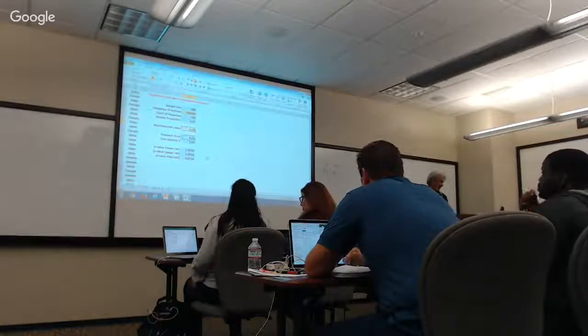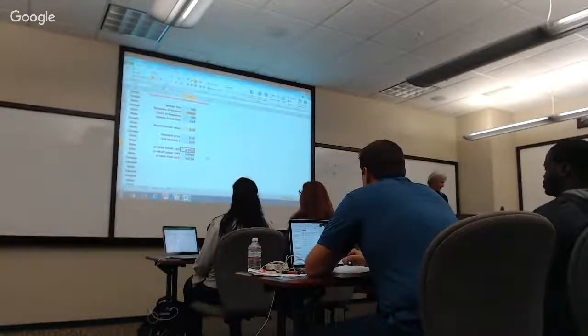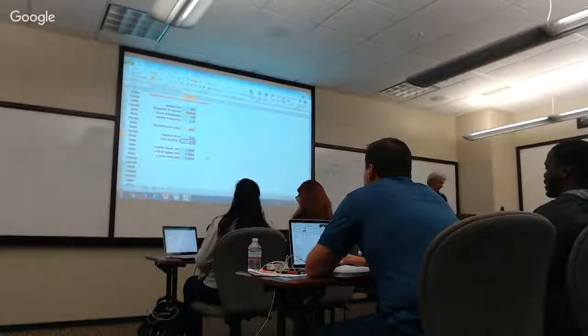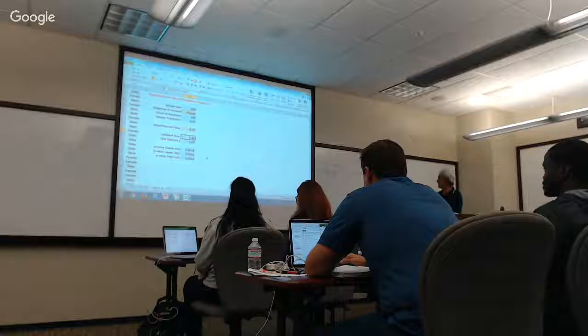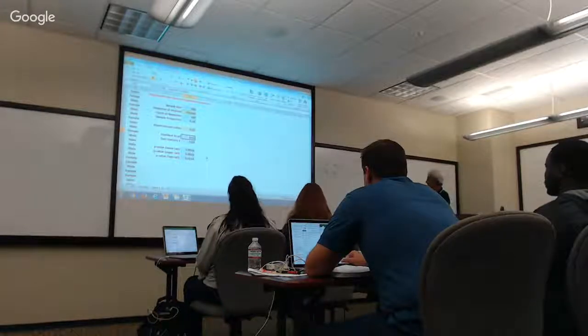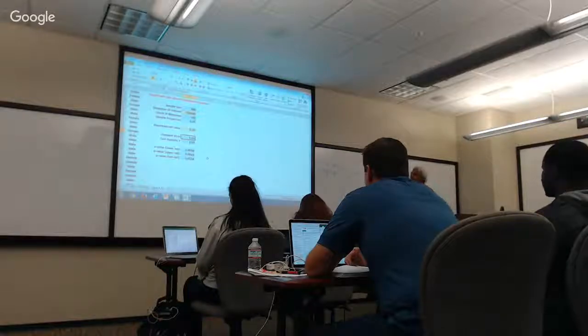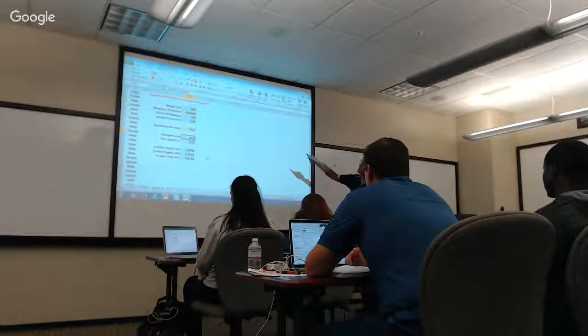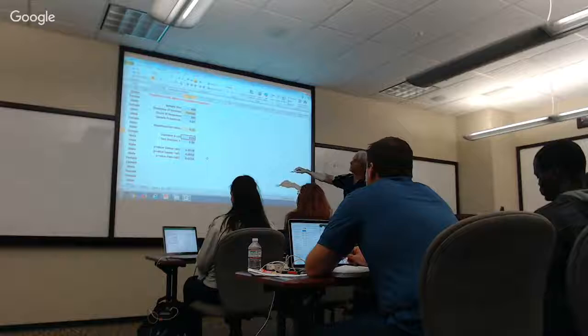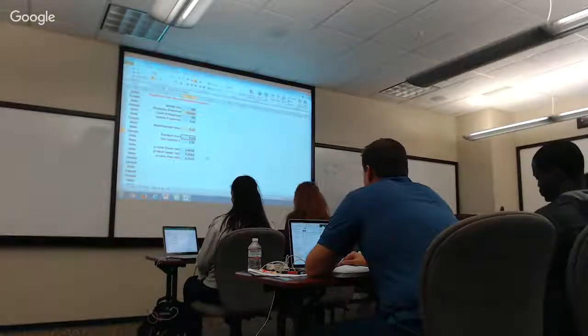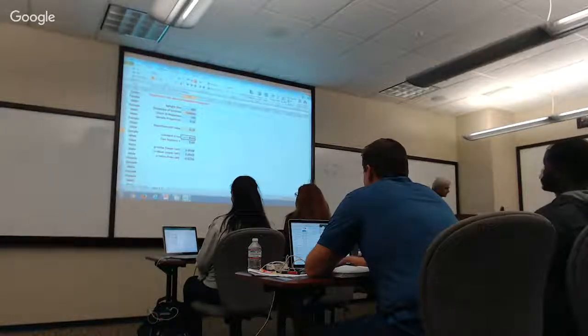Okay, so where were we with the Z-stat? Well, let's go back to standard error. If you go back to the notes, this is the standard error of the proportion. We have many slides with this formula. There it is. It's the square root of, and let me highlight it to make it easy to see.